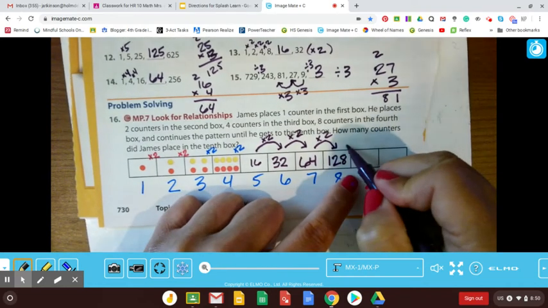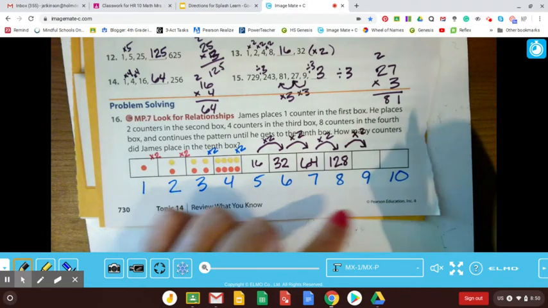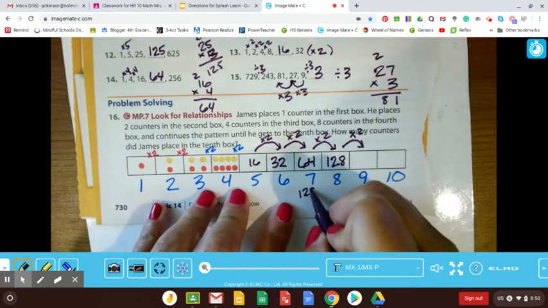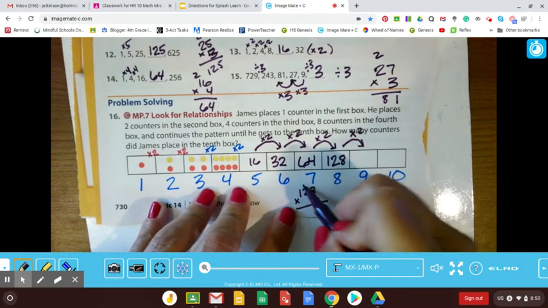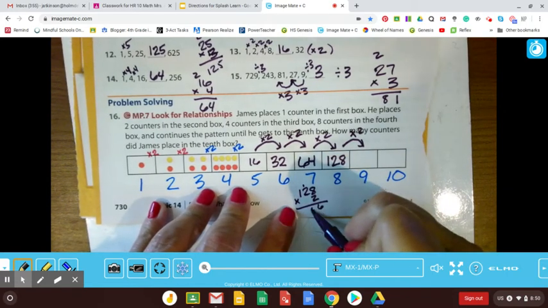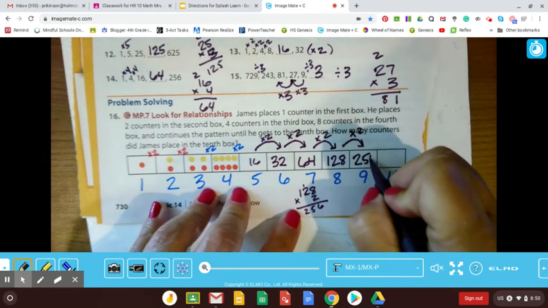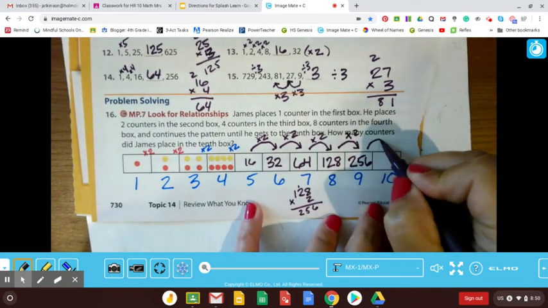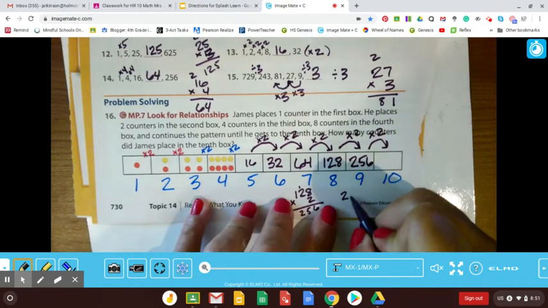And 128 times 2, and this is where I can't do mental math anymore, so we do it down below. 128 times 2, 16, 4 plus 1 is 5, 256. And finally, 256 times 2, and I can't do that in my head either.